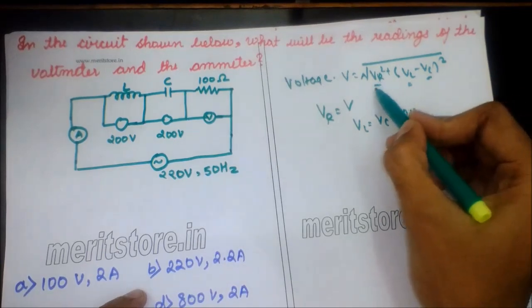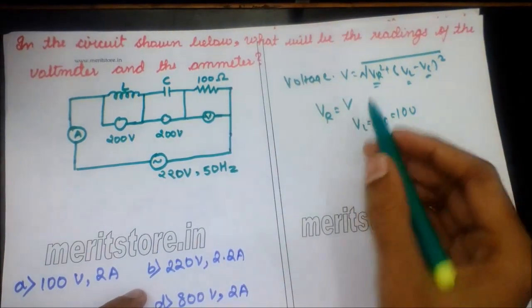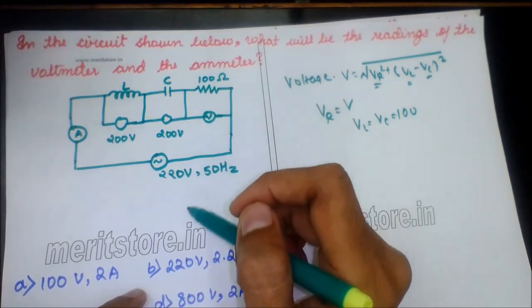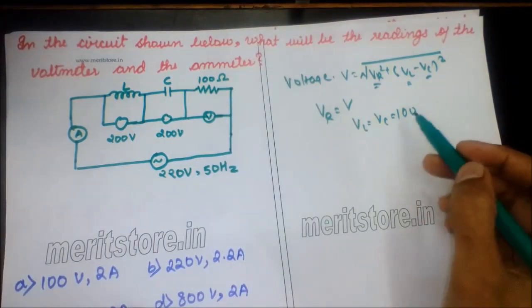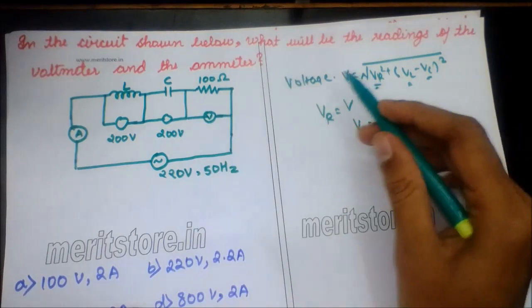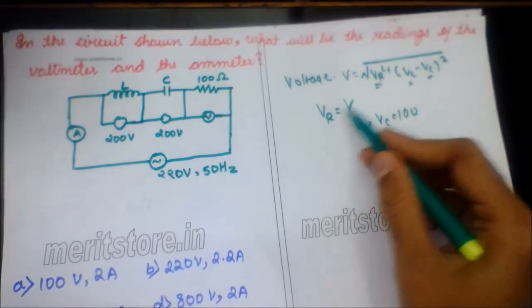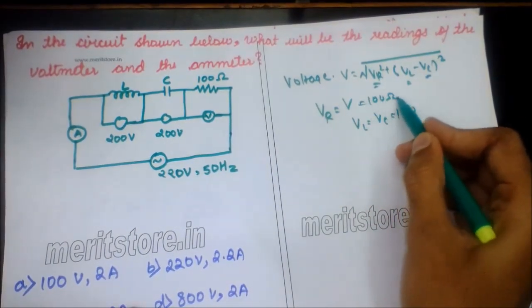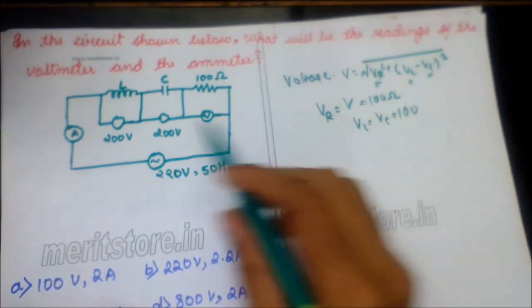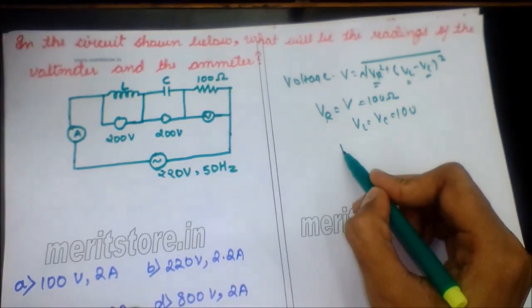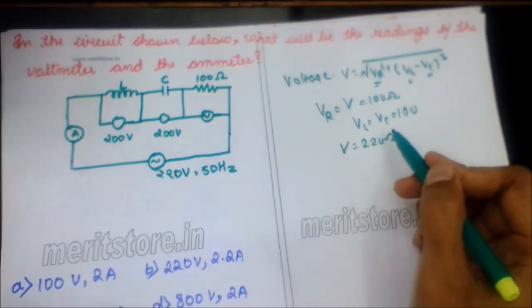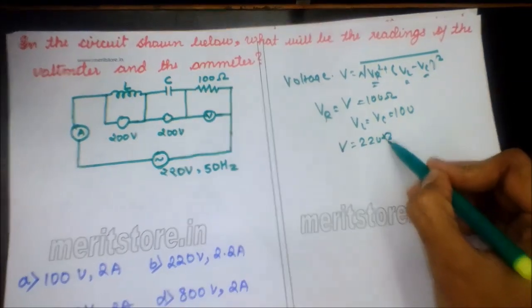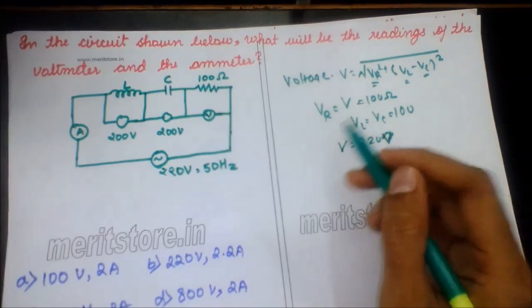So whatever value we get, VR square equals V square. So VR, the voltage across the resistance, will be equal to 220. Okay, so the reading of the voltmeter is showing 220 volts. So that is the reading of the voltmeter.